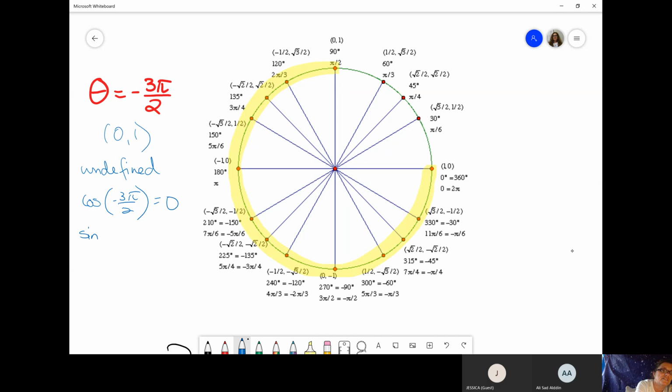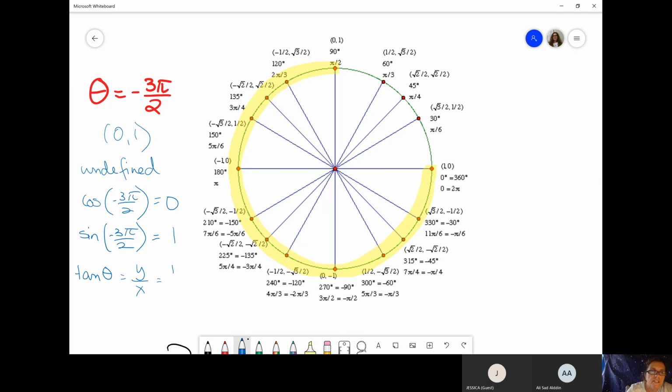The sine of -3 pi over 2 is the y coordinate of the ordered pair from the unit circle, and that gives you 1. So if we had to find the tangent of -3 pi over 2, that is by definition sine divided by cosine, or y divided by x.